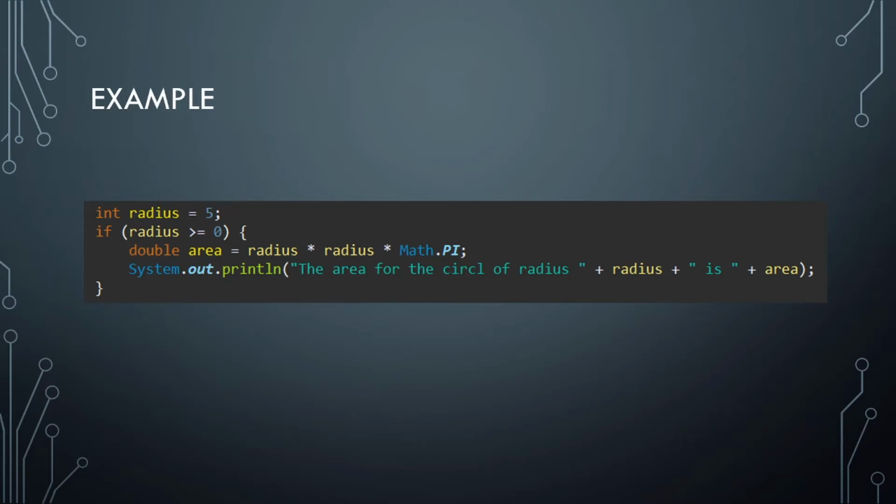Geometrically, that doesn't make sense, so if we try doing that, this would break the logic. Geometrically, you can't have negative area, at least with basic geometry. If you start going more in depth, you probably can. I don't know for sure, but you probably could. So if you have a negative radius, or basically your values go inverse, it shouldn't occur. In that case, we would skip over this entire if statement. However, since our radius is 5, we will step into the if statement and we will print out the area.